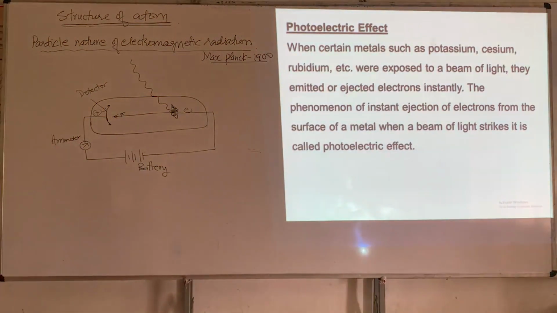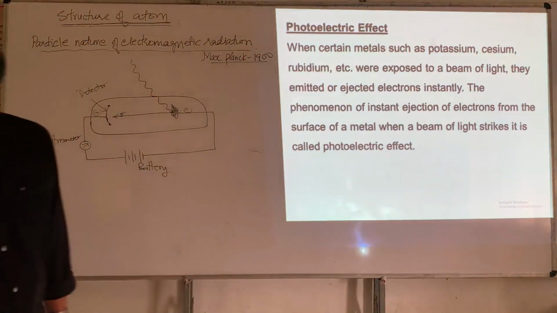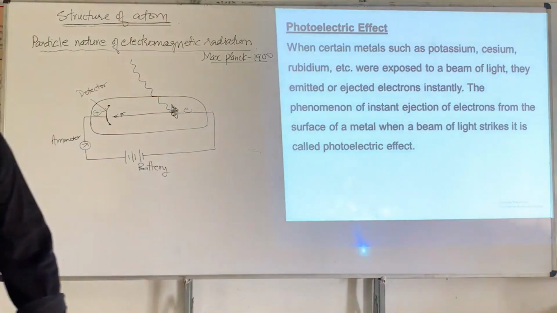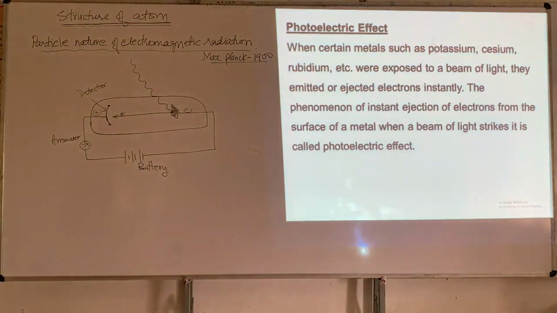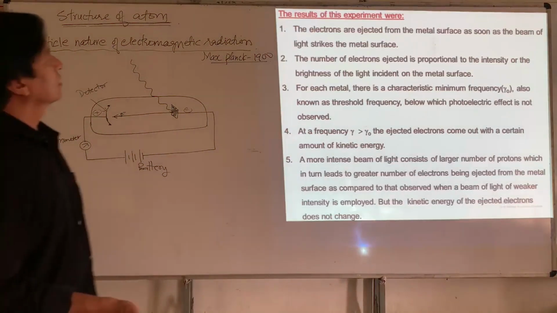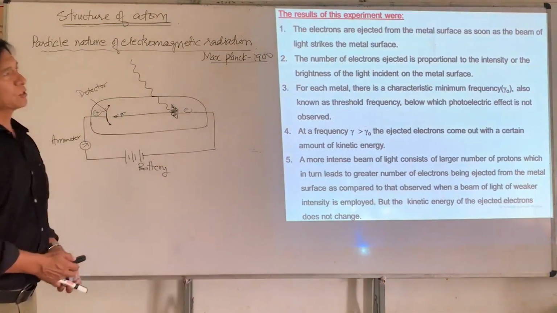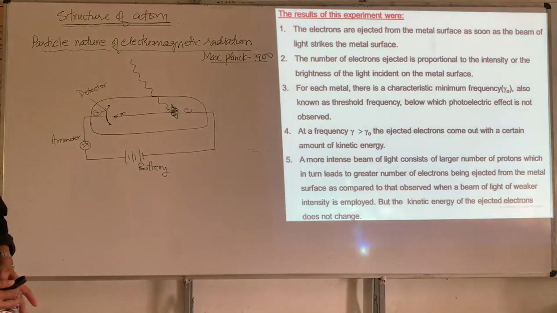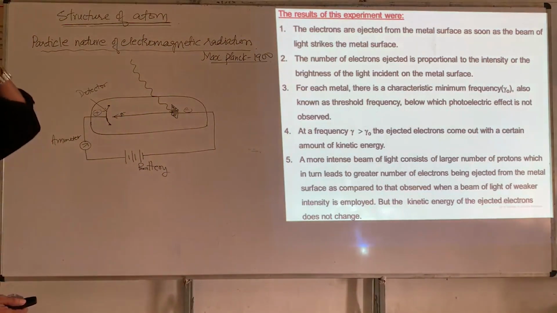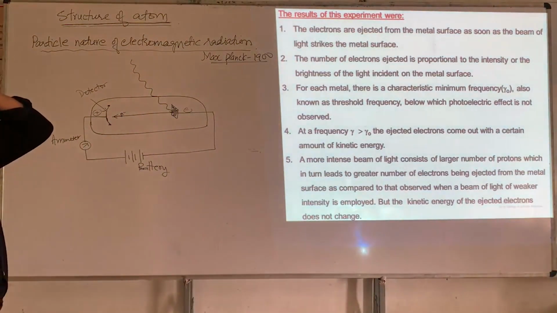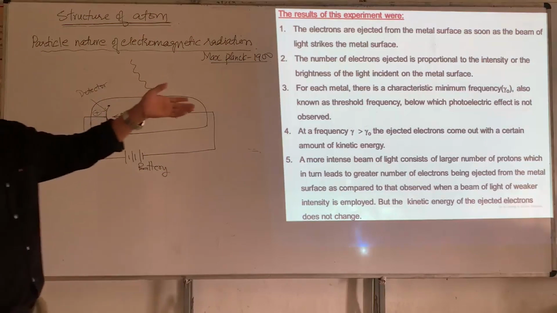Now, the results of this experiment were as follows. The electrons are ejected from the metal surface as soon as the beam of light strikes the metal surface. So instant ejection of electrons takes place.